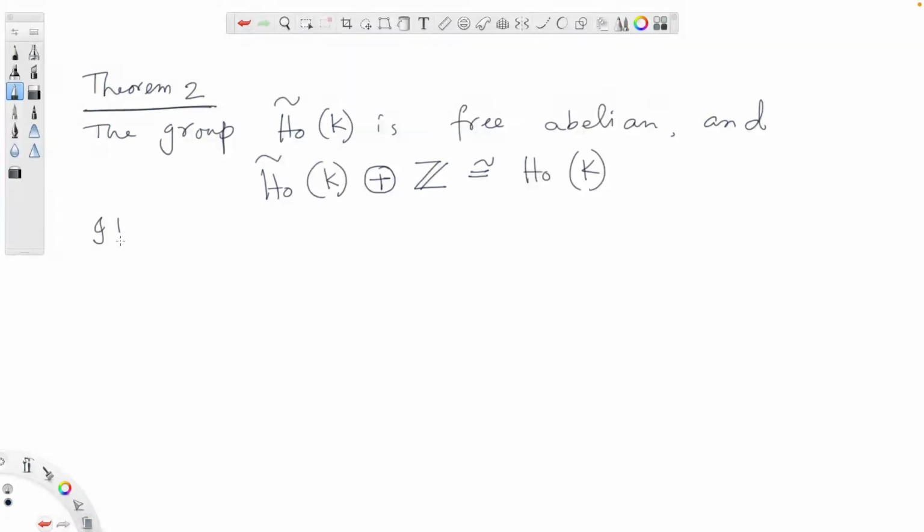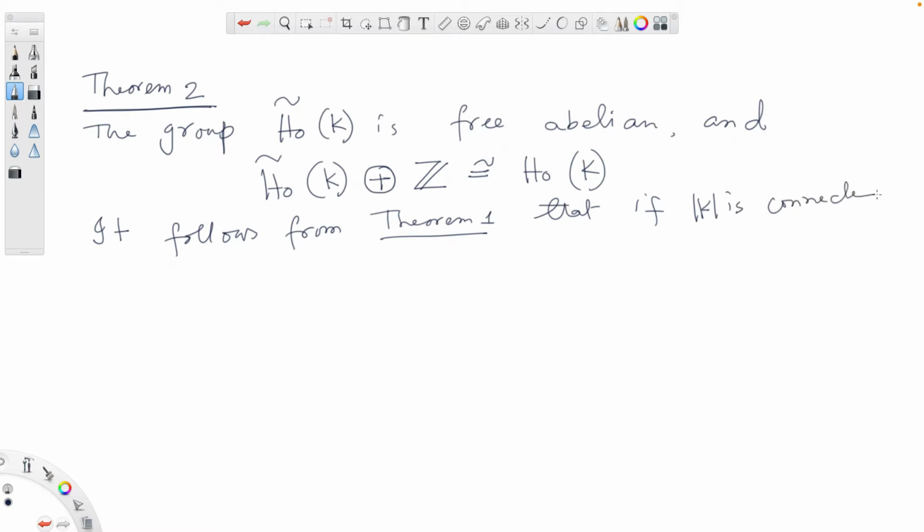It follows from the first theorem that if the underlying space of the complex K is connected, then there is only one component, and the 0th homology group of that complex is isomorphic to the additive group of integers.